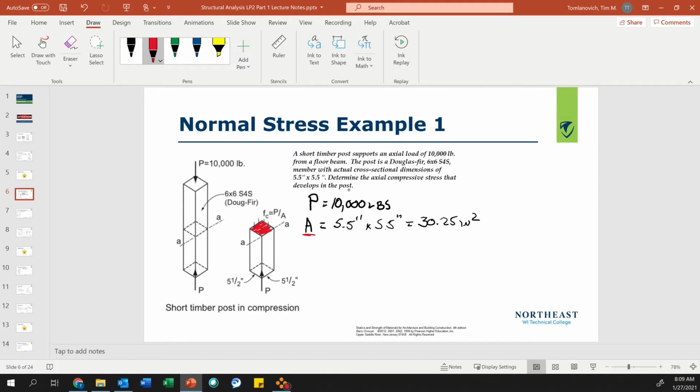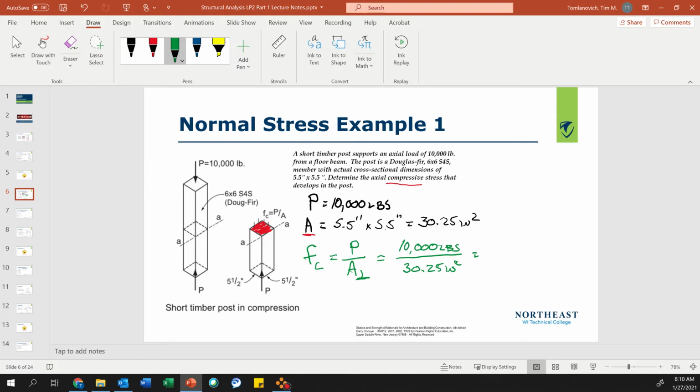Determine the actual compressive stress that develops in the post. I'm sorry, it says compressive. So now we know F, that's stress, C equals P divided by the area perpendicular to the load, which equals 10,000 pounds divided by 30.25 square inches.